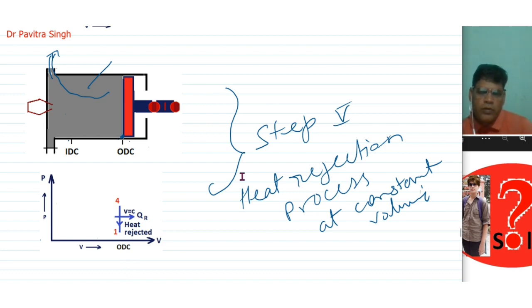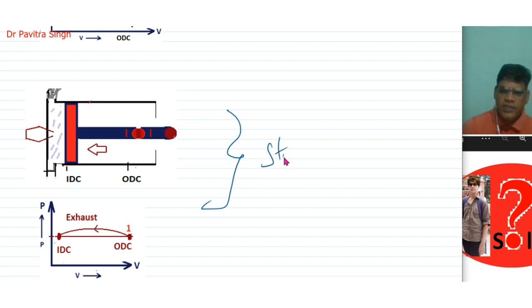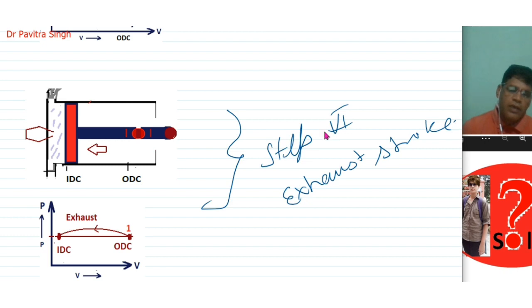now we will talk about the last step, 6th. So this is step 6, and it is called exhaust stroke. Okay, so actually the piston was at ODC here, and this outlet valve opened in the previous stroke, means heat rejection process.